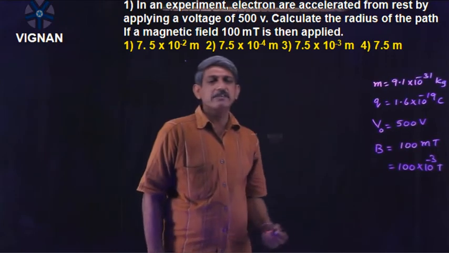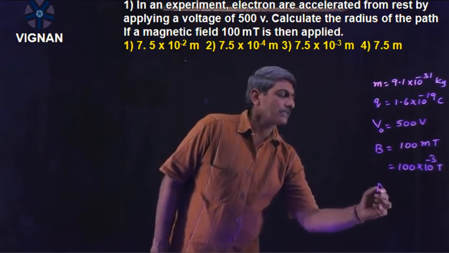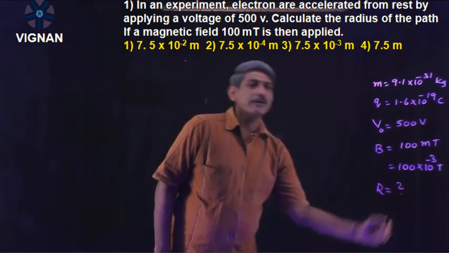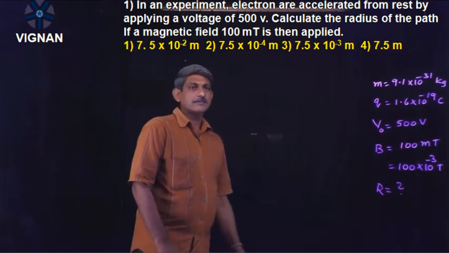This data is given and we want to determine the radius of the circular path described by the electrons.